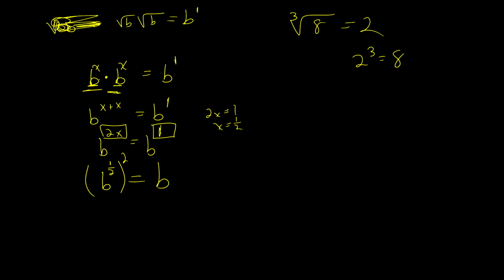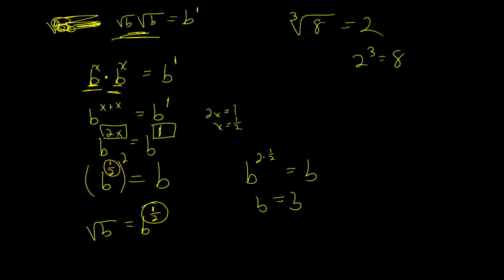Well, let's use our newfound power rule. That's the same as b to the 2 times 1/2 equals b, which is b equals b. But that's the same as the definition of the square root. And so we can talk about roots as being fractional exponents.